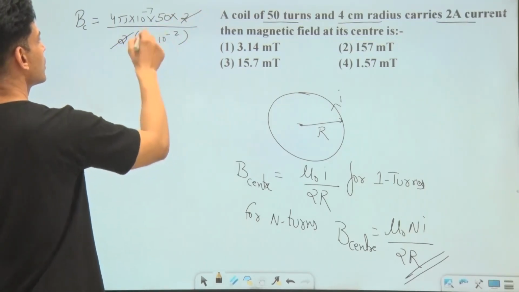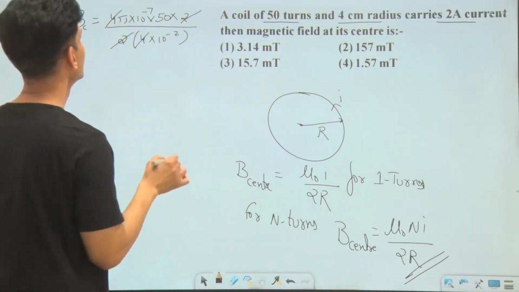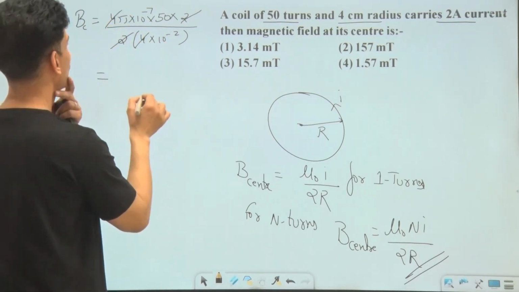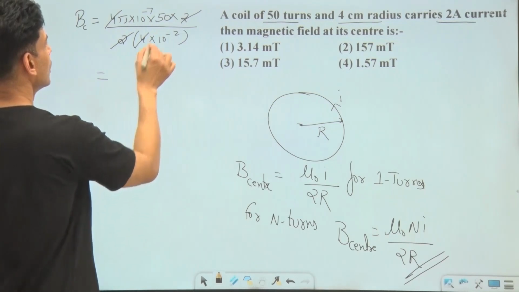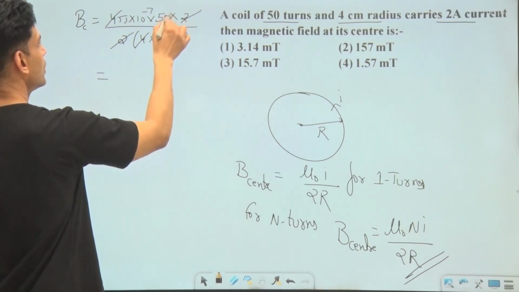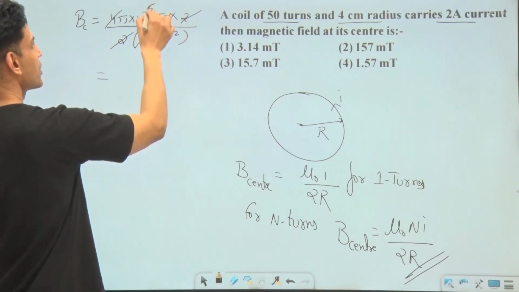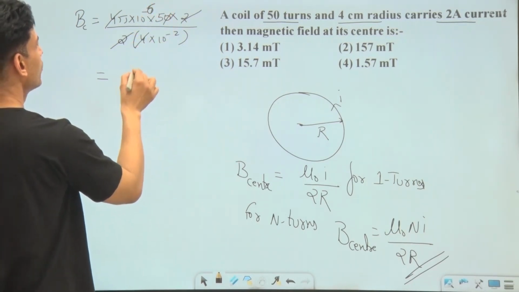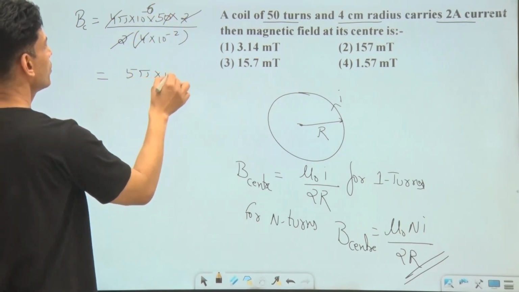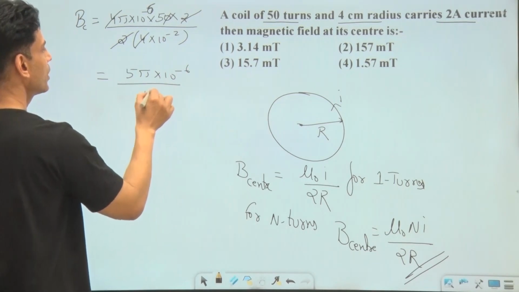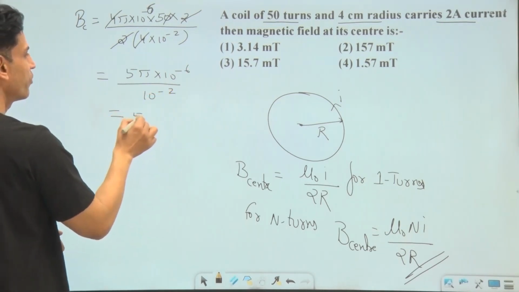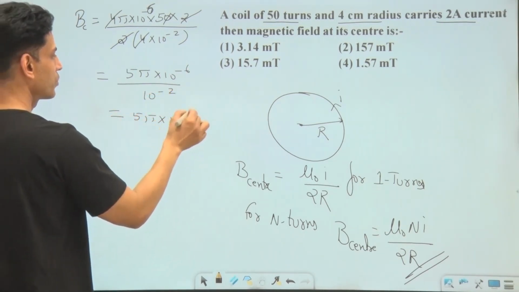This 2 will cancel this 2, 4 will cancel this 4. This 10 power minus 7 will become minus 6. So it will become 5 pi into 10 power minus 6 upon 10 power minus 2. So it will become 5 pi into 10 power minus 4.